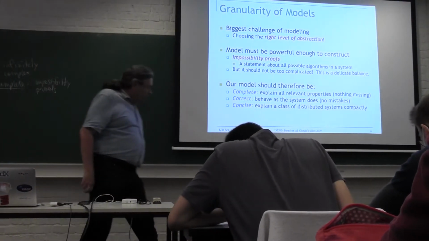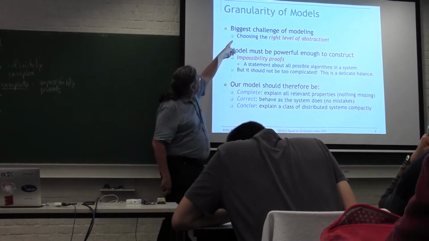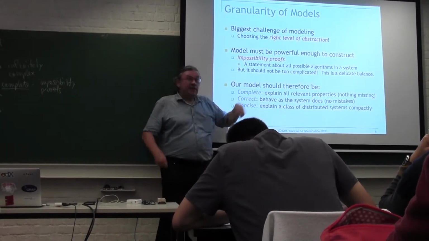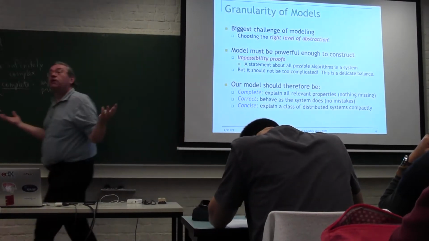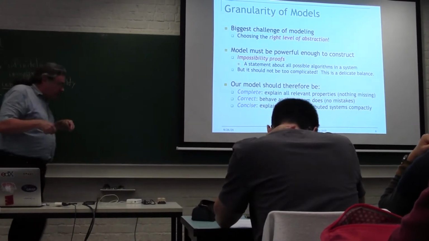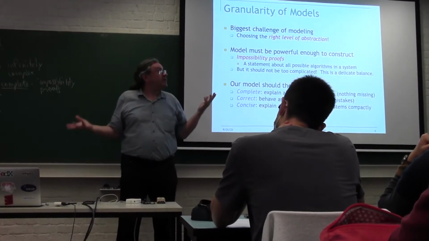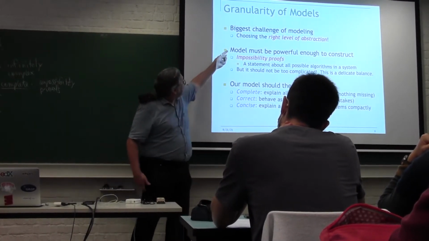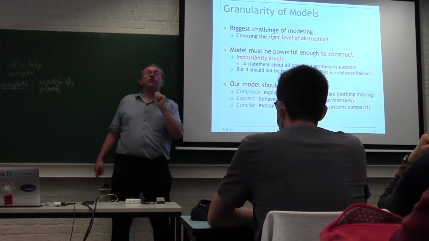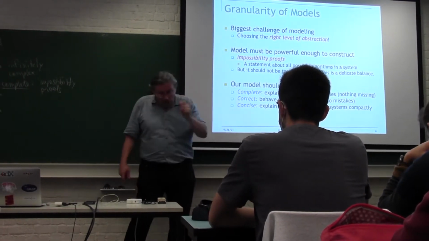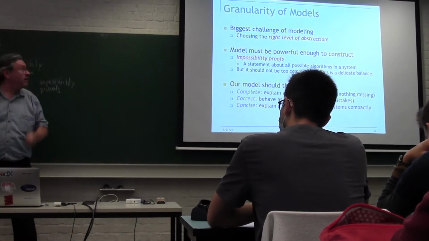So how do you pick the right model? The trick is the right level of abstraction. You don't want too much detail or it's too complicated, but you don't want it to be too simple or else you can't do anything. So you have to have enough power to show impossibility proofs. That means you have to be able to show that something is impossible.